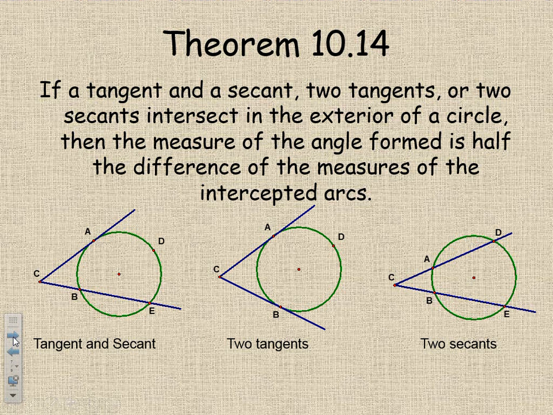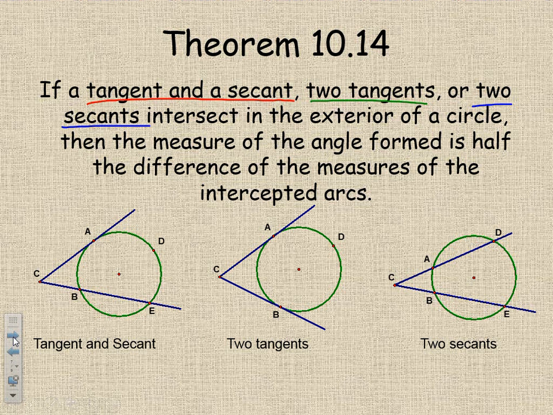So this theorem says that if a tangent and a secant, I'll underline these, a tangent and a secant, or 2 tangents, or 2 secants, if any of those intersect outside of the circle, then you look at their intercepted arcs and you're just going to find the difference of those 2 arcs.